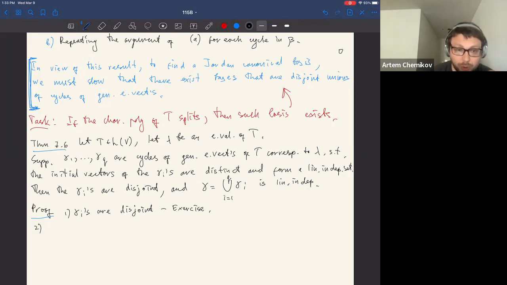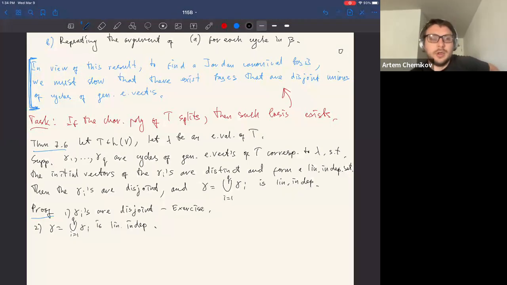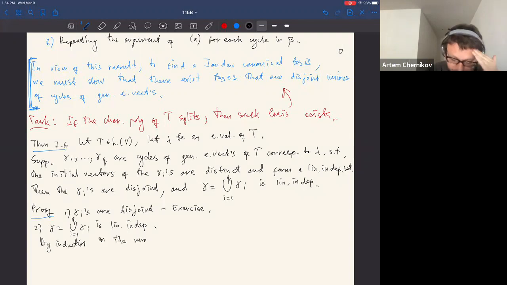So the next task is to show that the union gamma, the union of the gamma_i for i from 1 through q, is linearly independent. Okay, so this is what we want to show. In order to show this, we are going to argue by induction on the number of vectors in gamma, on the size of gamma.